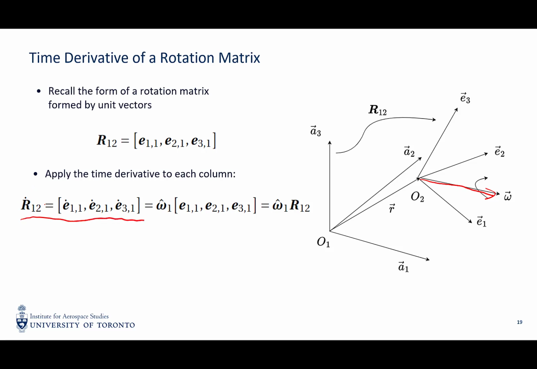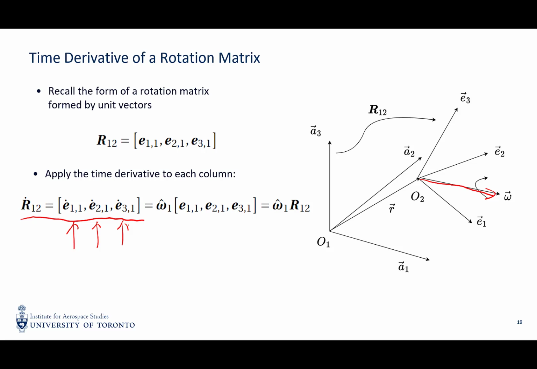Here we just directly apply the time derivative to the rotation matrix. Then we will immediately see that it is equivalent to saying that we need the time derivative of all the coordinates of its unit vectors expressed in frame 1.